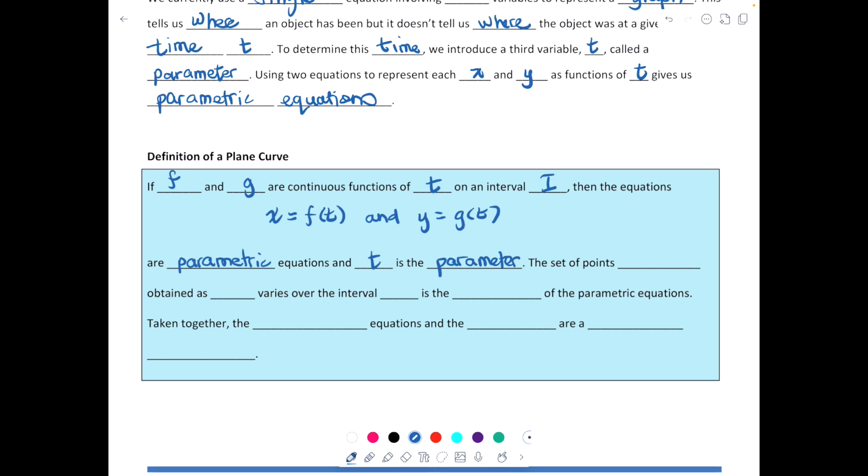The set of points x and y obtained as t varies over the interval I is the graph of the parametric equations. So taken together, the parametric equations and the graph are called a plane curve.